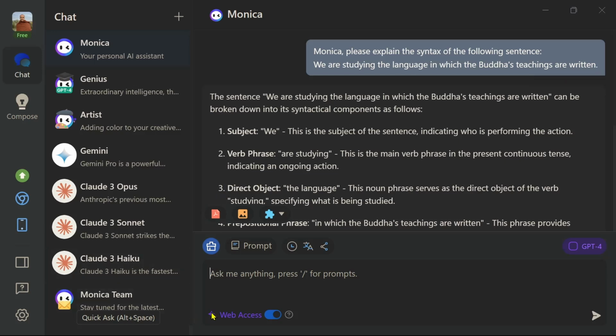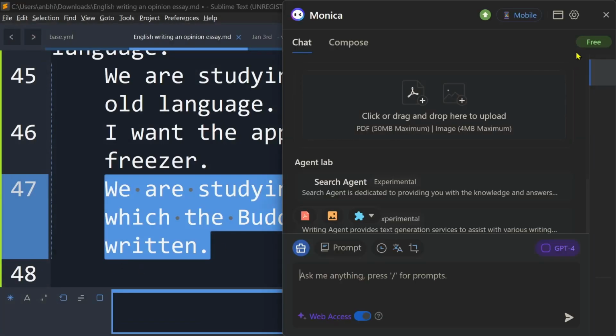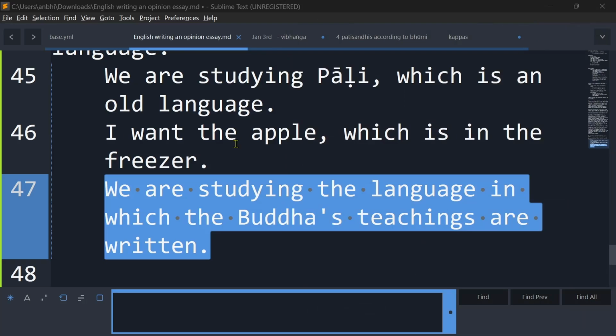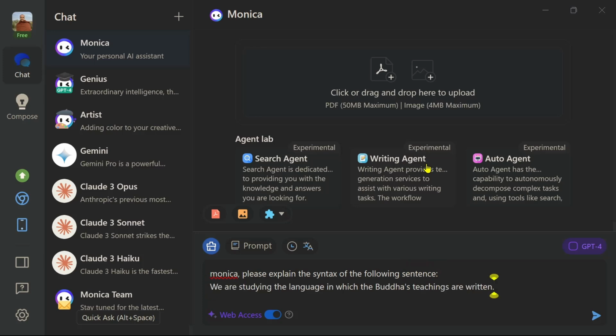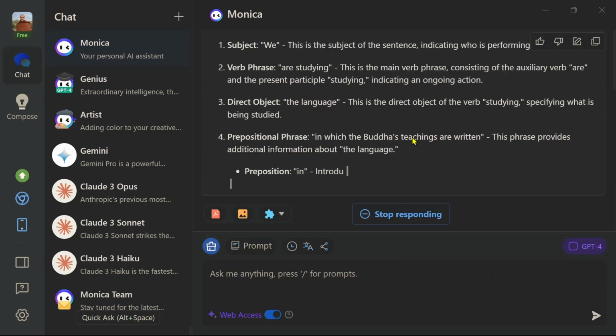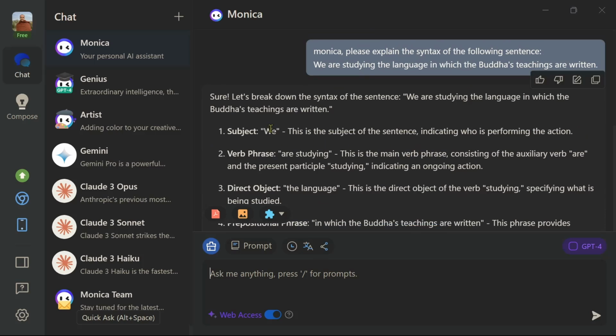Oh my God, two hours. Okay, I think I can close this thing on the left, right? Wait, oh, what did I do? No. Window mode. Expand. I don't know how to close this. Anyways, I lost the question. Monica, please explain the syntax of the following sentence. Again. Okay.